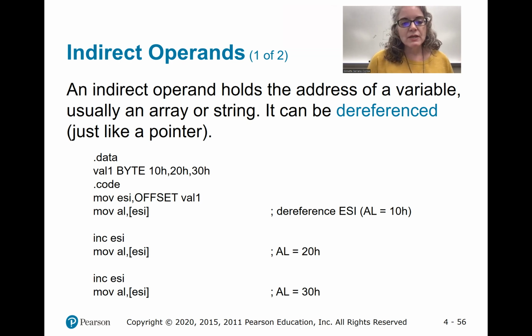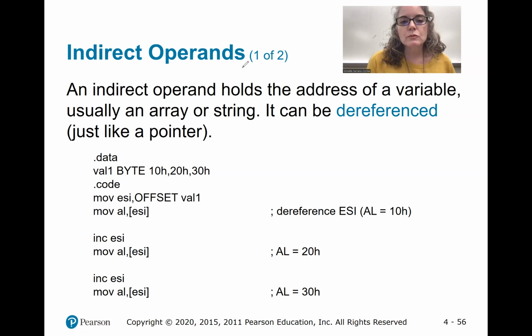Hopefully you can see my pointer when I do this. So ESI holds the address of val1. Both of these have the same address. They're both pointing to the same place.